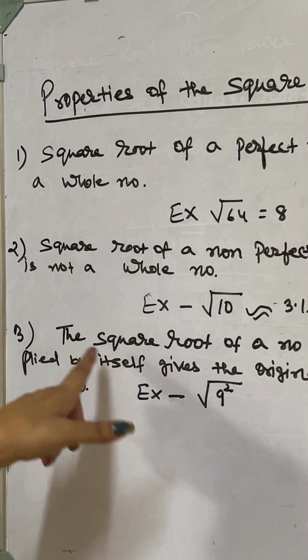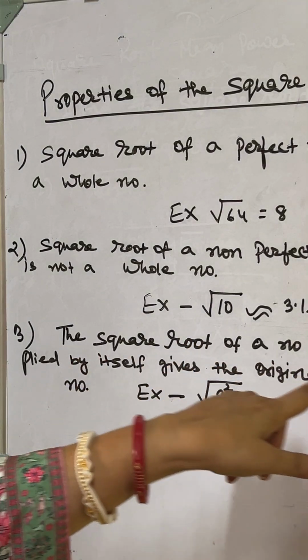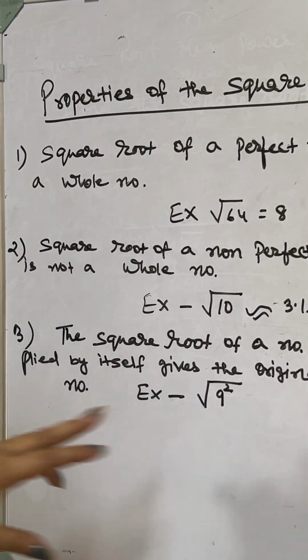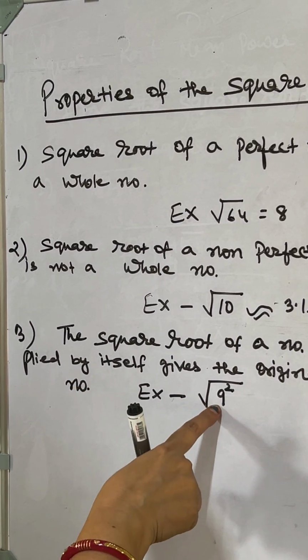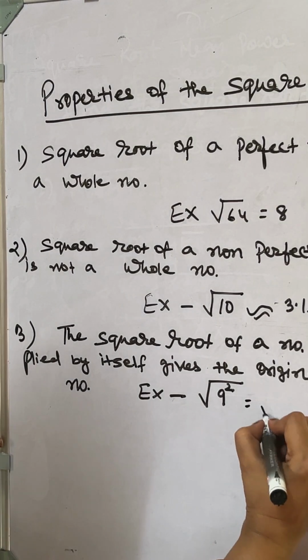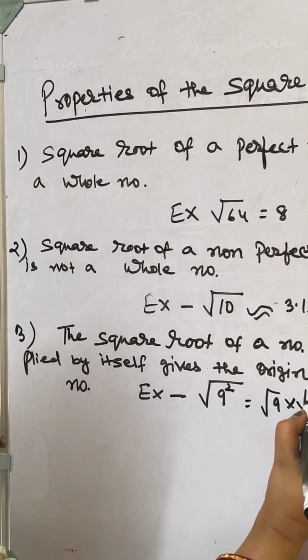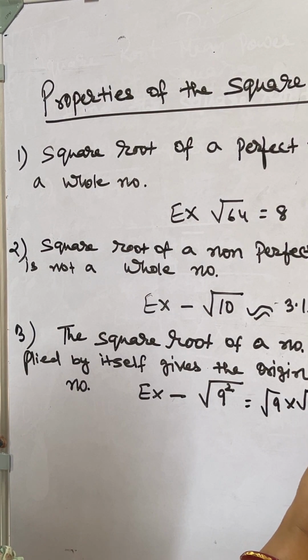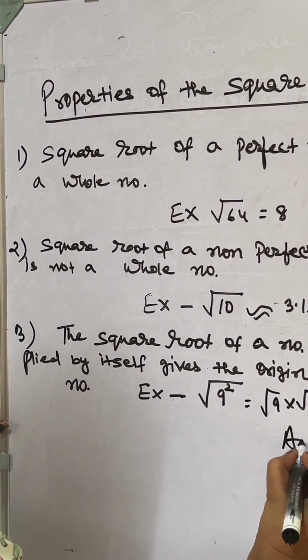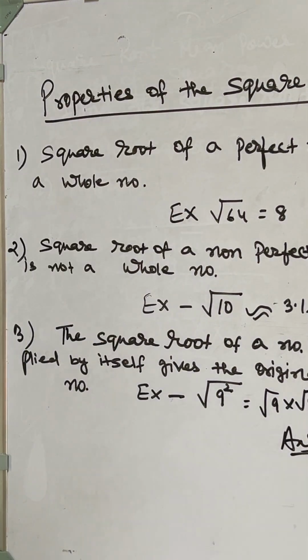So here what is written: the square root of a number multiplied by itself gives, what we can write here, root 9 into root 9, and that equals 9. It gives the original number. So these are the properties of a square root.